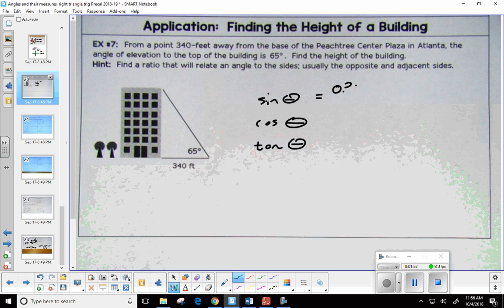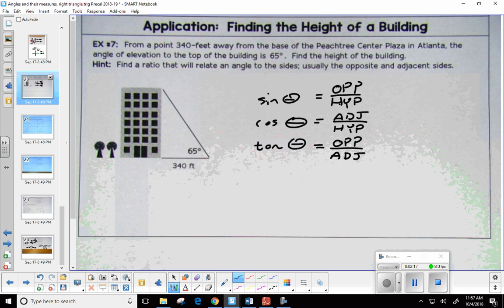This is not writing today. All right. What's cosine? What's its ratio? That's the adjacent over the hypotenuse. And tangent of theta. That was opposite over adjacent. Yes. Okay, so those you're more familiar with.